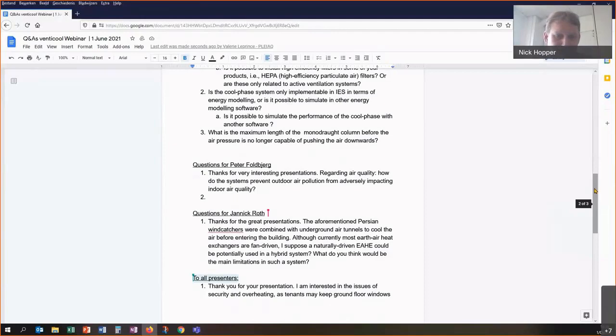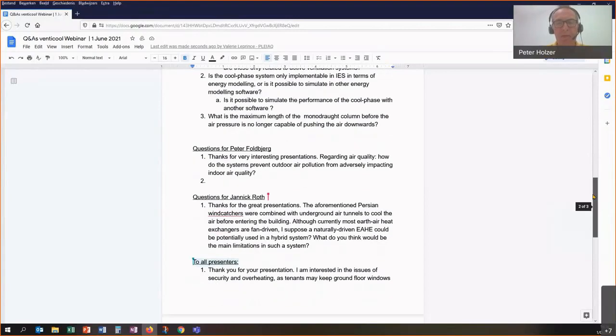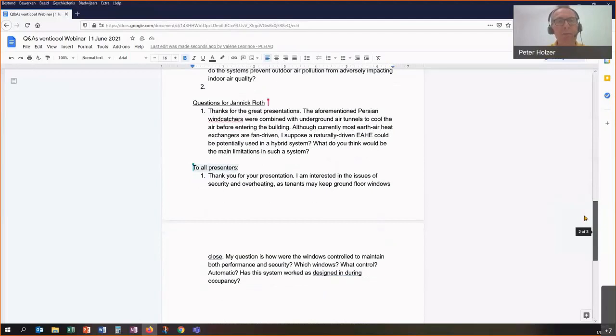Mm-hmm. And if I may add, I think they are still a very welcome element of hybrid cooling, those earth-to-air heat exchangers. Yes, they can be driven naturally because you can dimension them at very low pressure drop still.